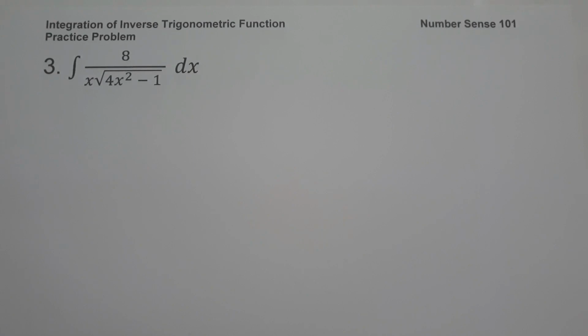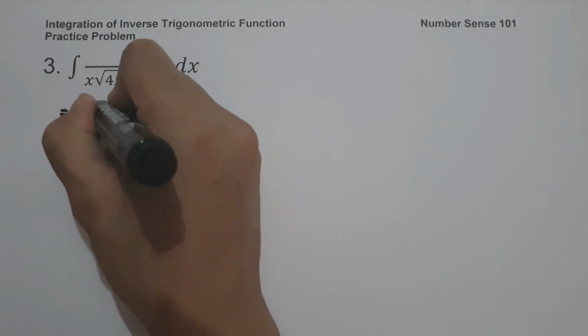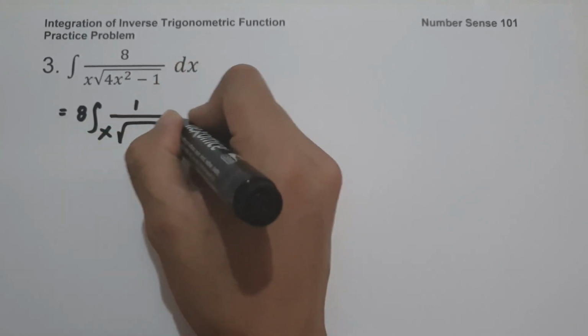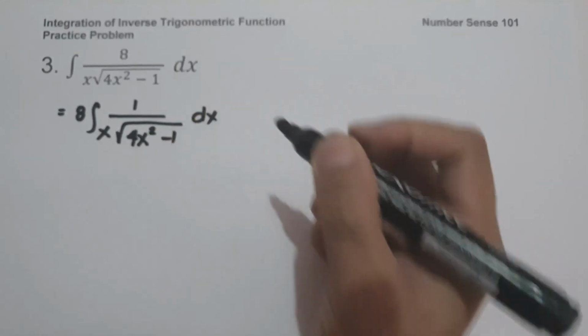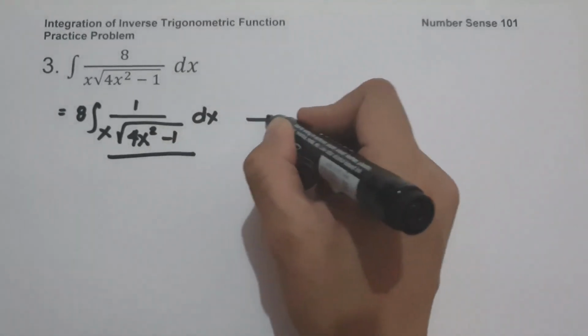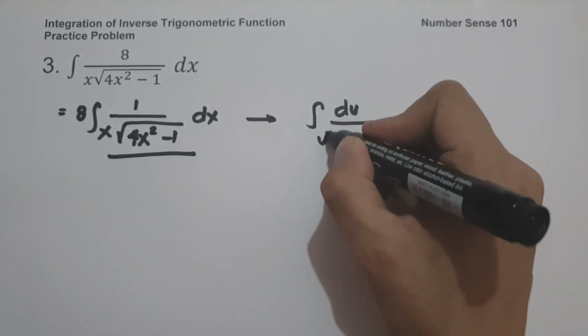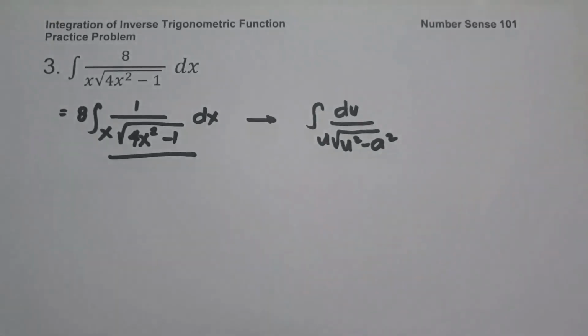On example number 3, what is the antiderivative of 8 over x square root of 4x squared minus 1 dx? To simplify this, let us write our given as 8 times the antiderivative of 1 over x square root of 4x squared minus 1 dx. This expression is written in the form of the antiderivative of du over u square root of u squared minus a squared.